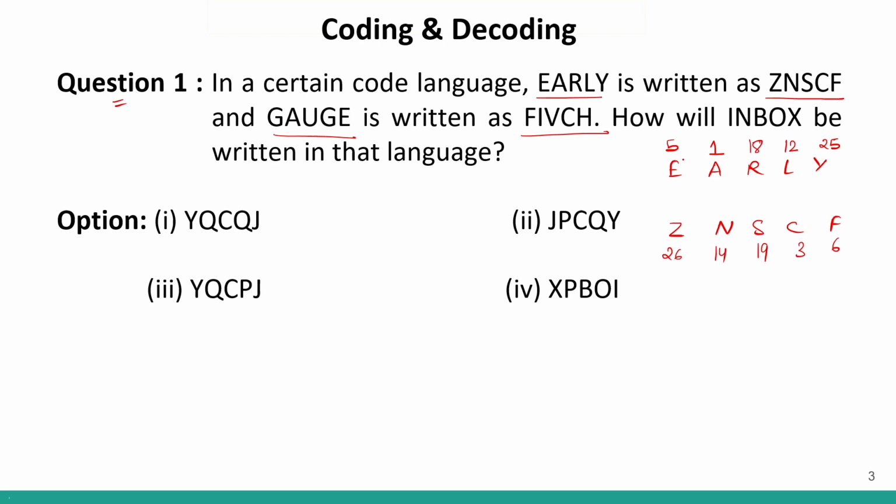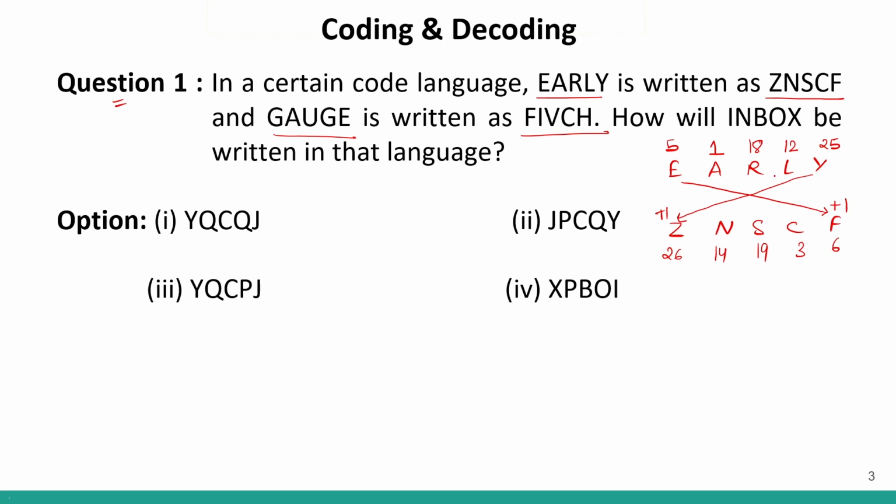Now, I cannot see a relationship between 5 and 26, 1 and 14, 18 and 19. But if I move in a different pattern, I can see a relationship. For example, if I move from Y to Z, I can see there is an increment of 1. Correct? We are moving one position forward. Similarly, from E to F, I can see we are moving one position forward.